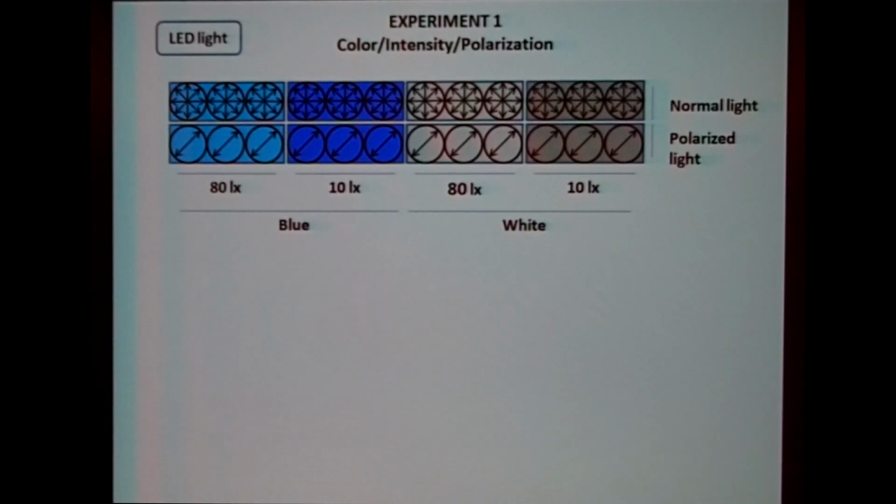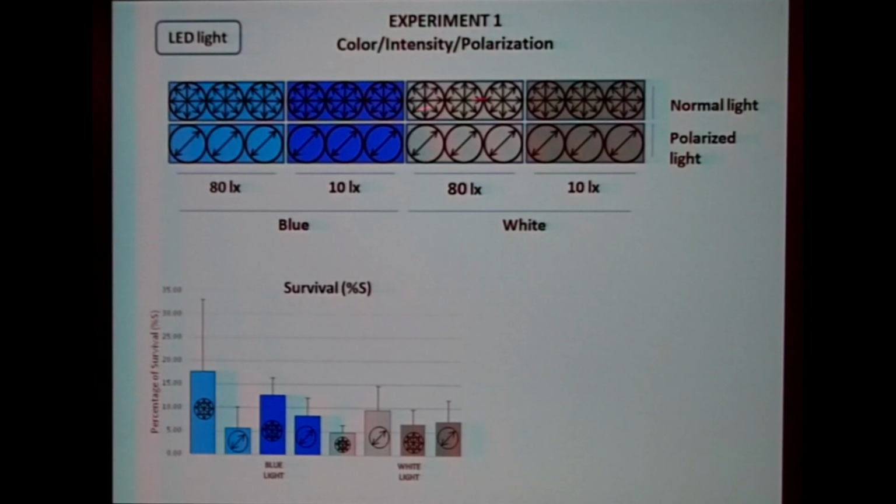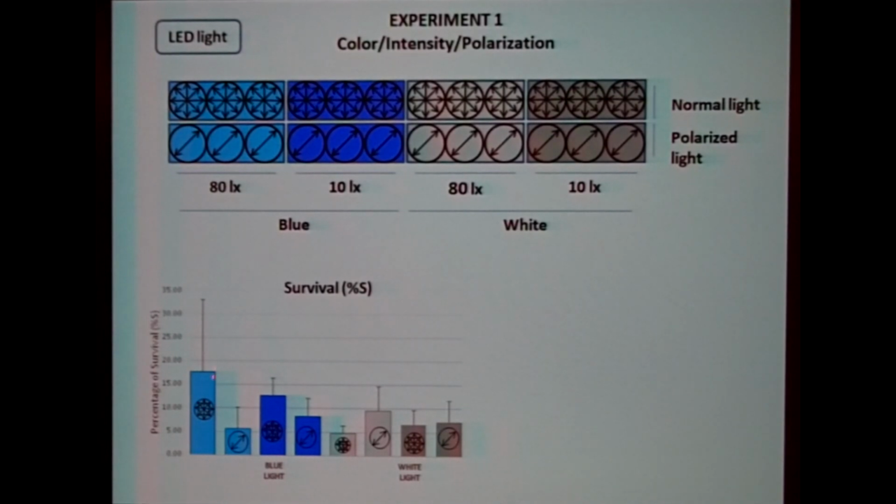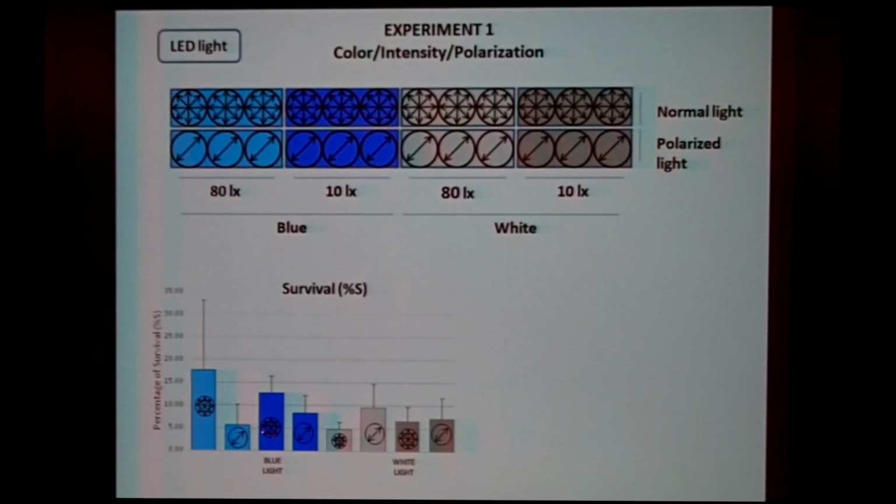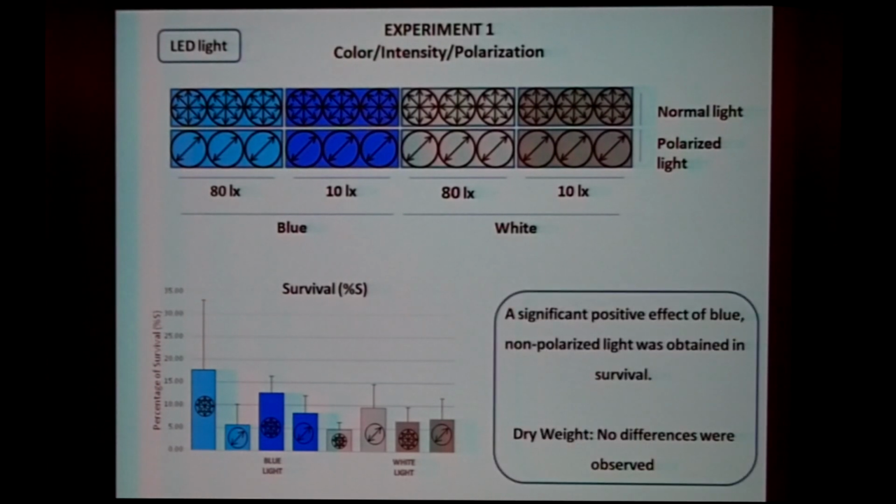So, when we compare the survival under these conditions, you can see the percentage of survival after 20 days, with normal light or polarized light, different intensities or different colors. When we use the multifactorial ANOVA, you can see a significant positive effect of blue color and no polarized light.